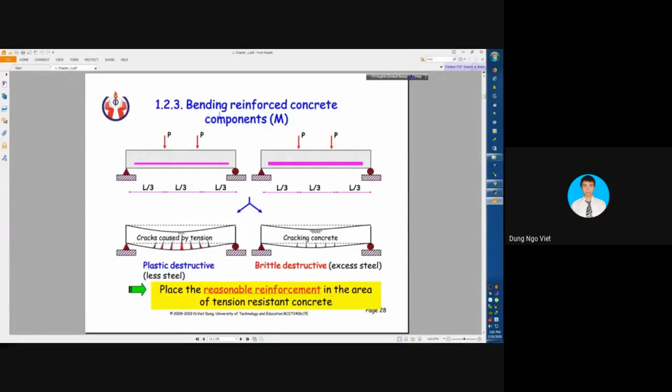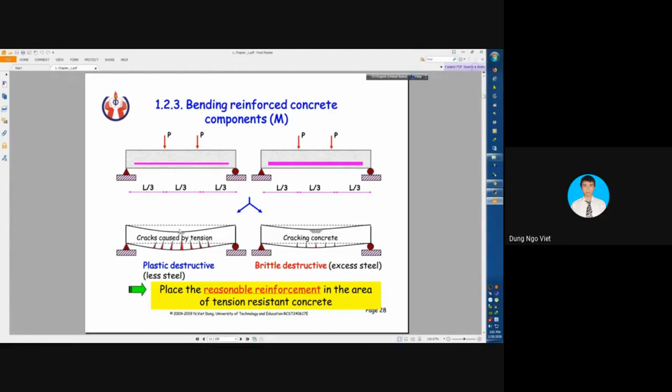So here we have an example of bending reinforced concrete components. For example, here we have a single beam with a fixed end and a roller, and here we have a vertical load, and these two vertical loads P will create a bending moment, and it causes the beam to bend like this.